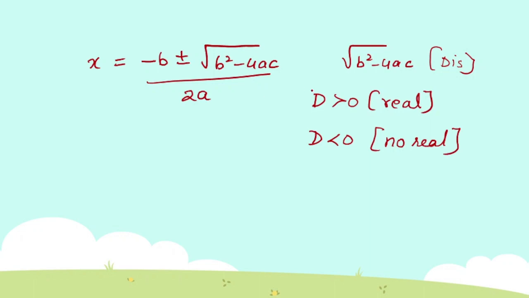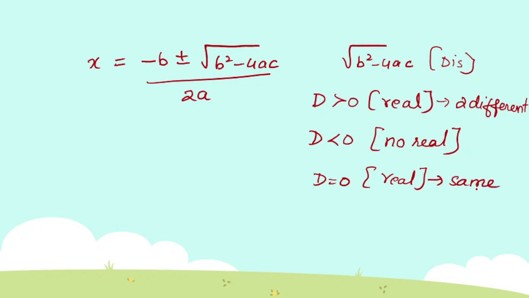Here real values exist, and with a quadratic equation you will get two solutions, right? So real and two different solutions you will get. If your D is equal to 0, that is your discriminant is equal to 0, you will get real values, but you will get the same values.